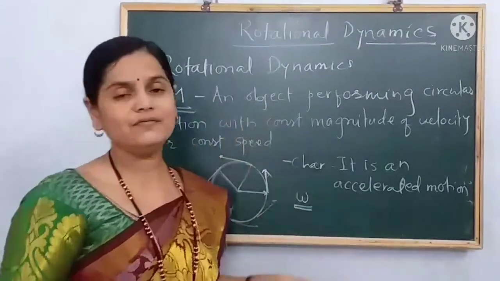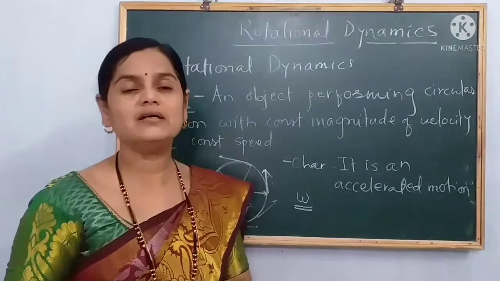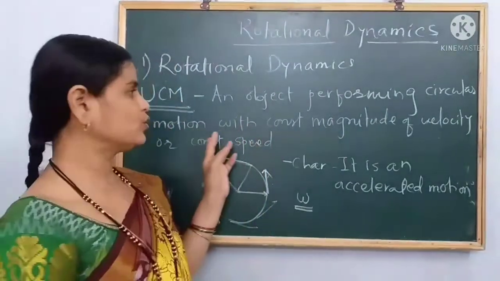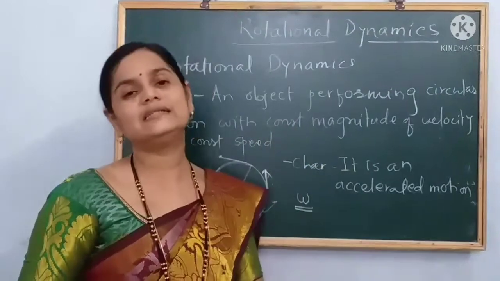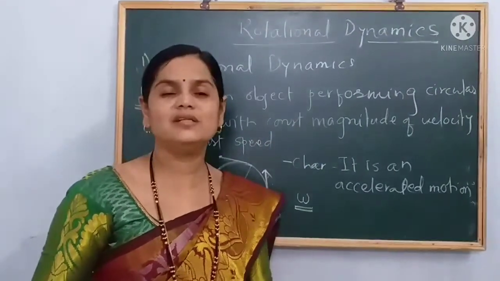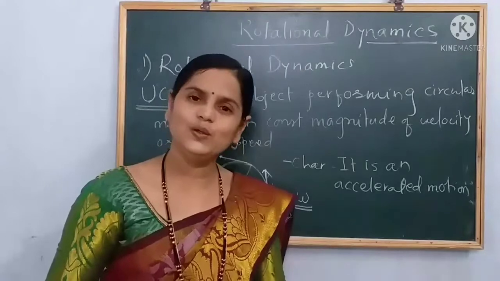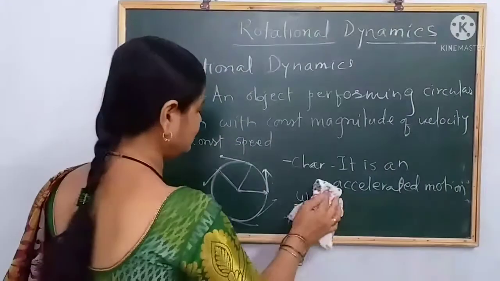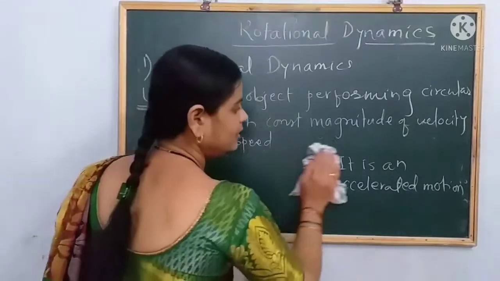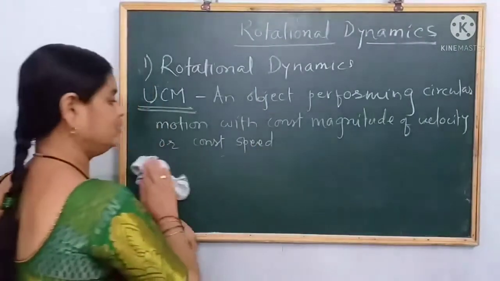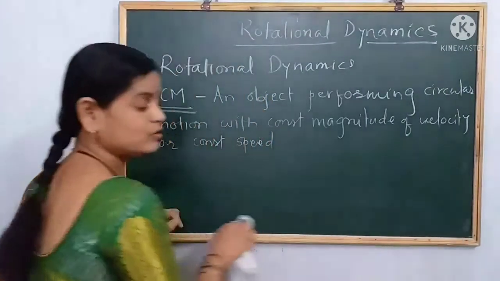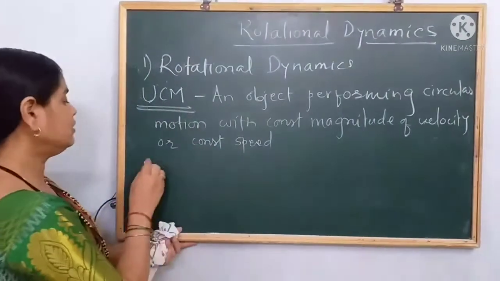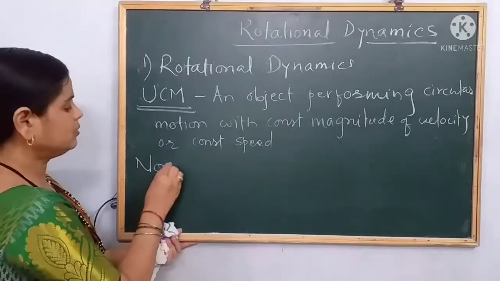So we can define UCM in another way as an object performing circular motion with constant angular velocity. In UCM, the magnitude of linear velocity remains constant, the magnitude of angular velocity remains constant, and it is a periodic motion.